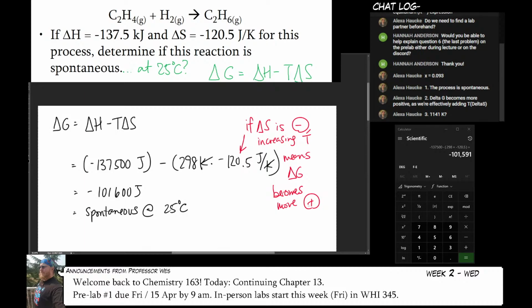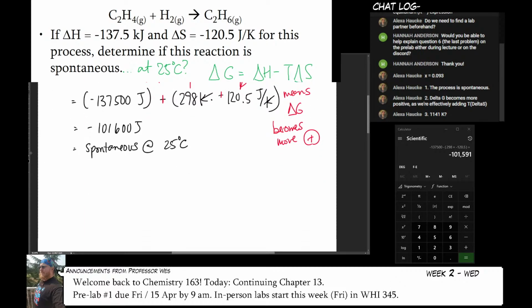Now, why is that? Because this negative and this negative cancel out and become a positive. And so as this number grows, I am adding a larger and larger positive number to this. Eventually I will hit 0, and at that point, the reaction is no longer spontaneous.